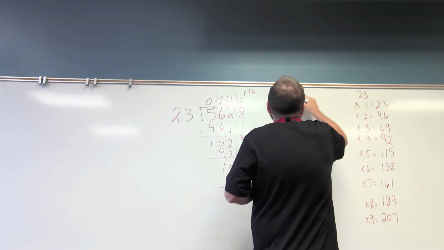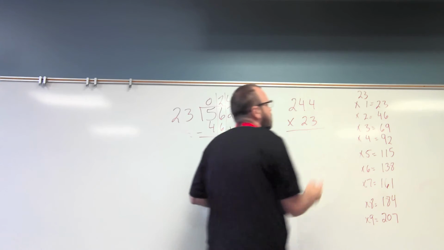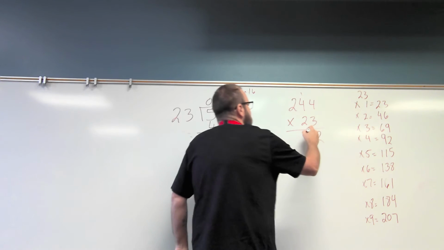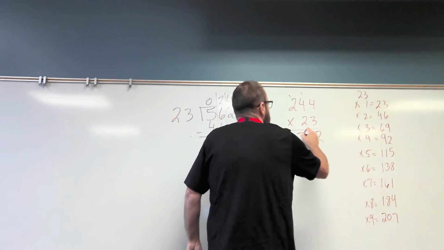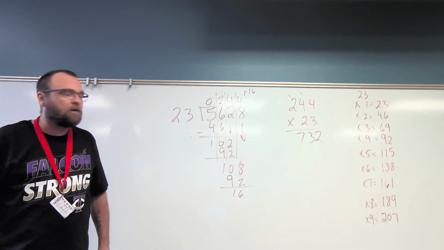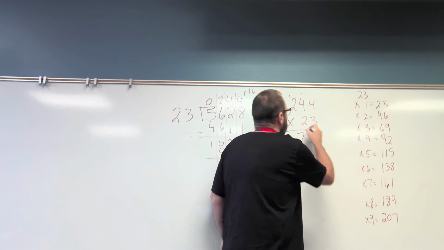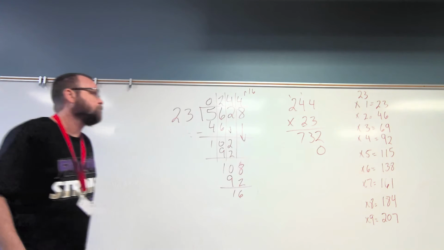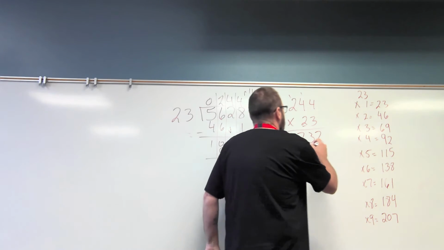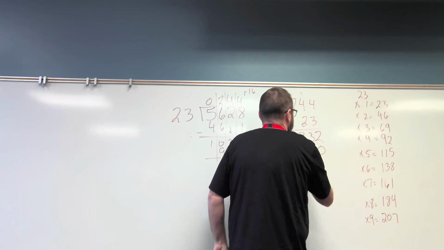So then I take 244, I multiply it by 23. 4 times 3 is 12, 13, 7. So 244 times 3 is 732. Now Zane always reminds me to put my 0 here because now I'm going to the tens place. 2 times 4 is 8. 2 times 4 is 8. 2 times 2 is 4.